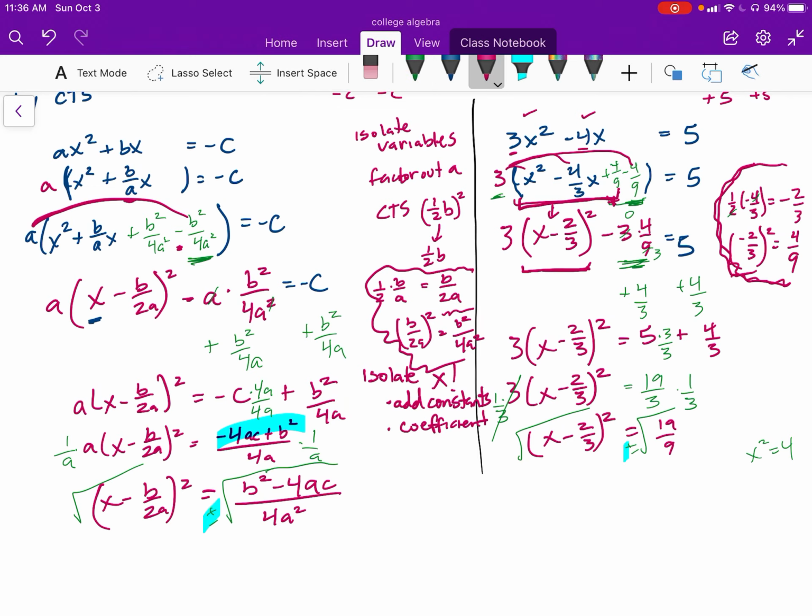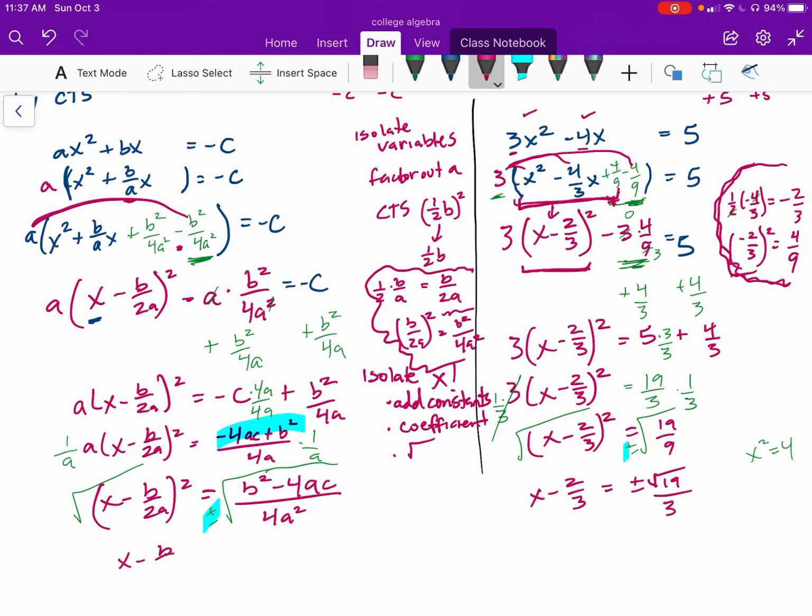All right, so what did we do? We did the square root on both sides. The right-hand side looks like this. Now, the denominator, notice it's a perfect square. Square root of 9, so I'm going to simplify that to 3. We could take the square root of the numerator, square root of the denominator. Same thing on the left.